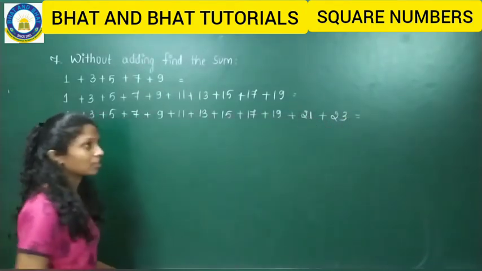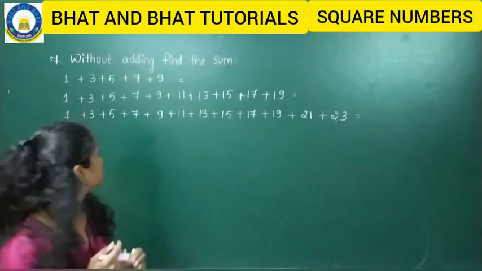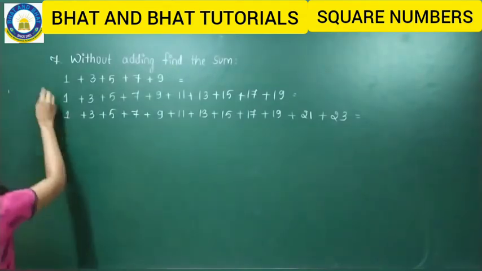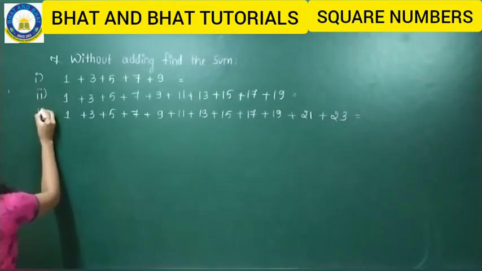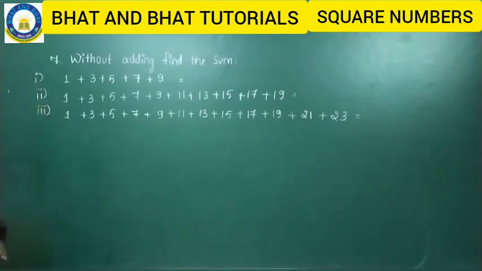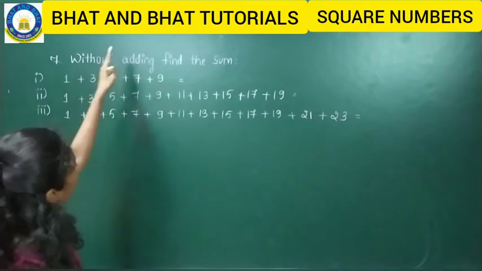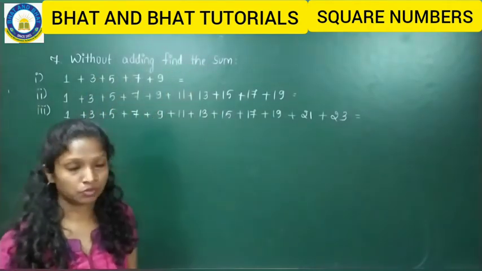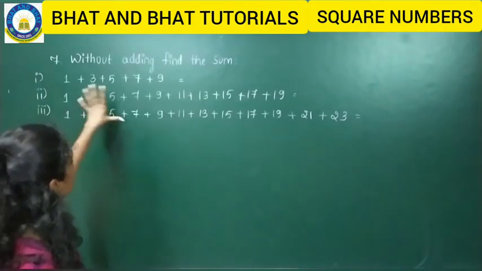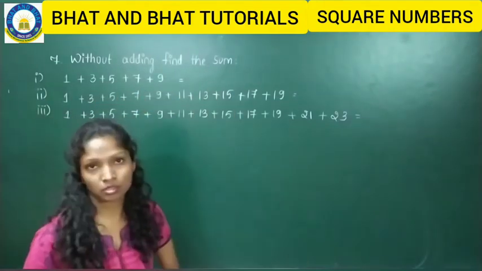See the question. In the question they have given you 3 sub questions. This is your sub question 1, sub question 2, and this is your third one. What they are telling here is, without adding, you have to find the sum of these numbers. You can see all the numbers are odd numbers.